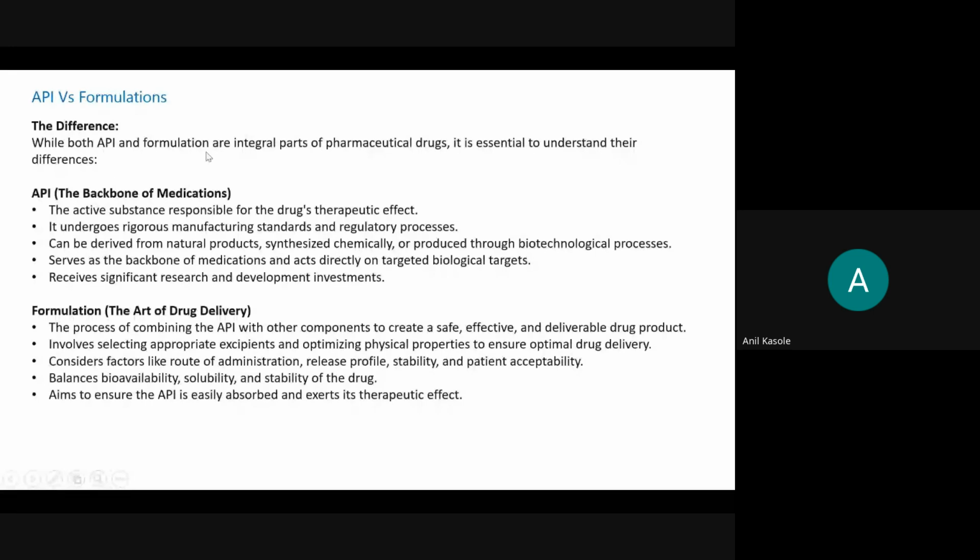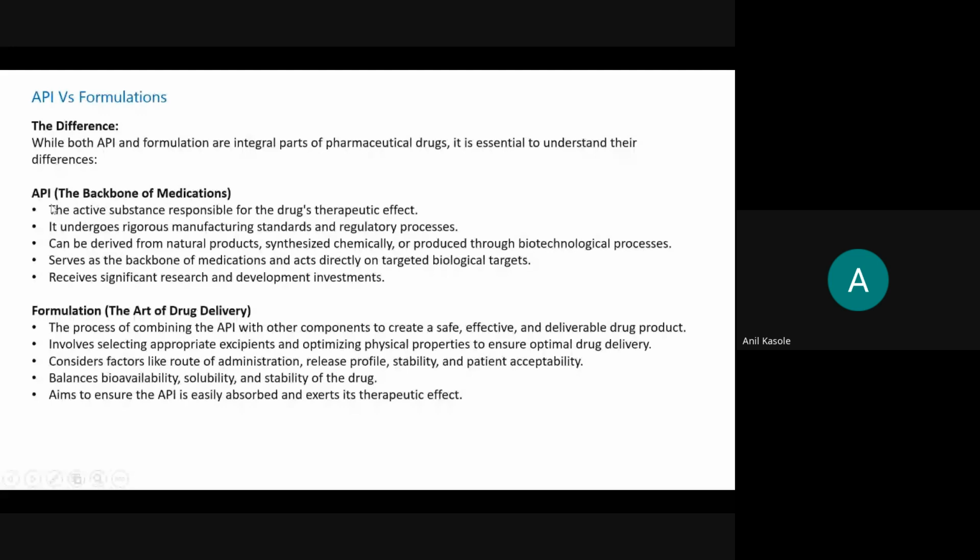In other words, API, the active pharmaceutical ingredient, is the backbone of the medicine. However, formulation is the art of drug delivery, how to make the product and how to add the key material into the final product, which is the backbone of the medication. So in other words, the API is the active substance.